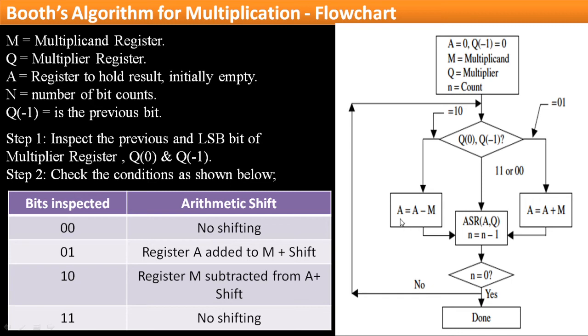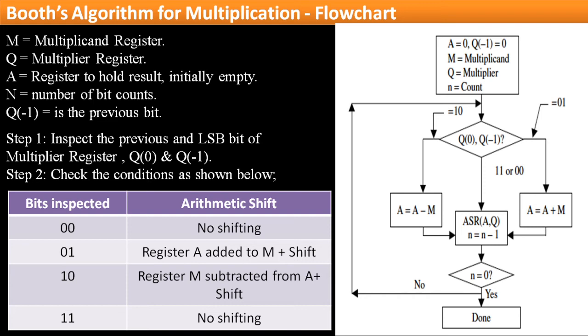Now every time we do this, we have to go for an arithmetic shift right. Arithmetic shift right means we have to preserve the sign. So if the most significant bit is 1 after any operation, we have to preserve that and then go for the shifting. I will show that in an example.